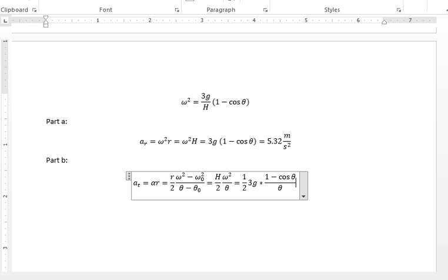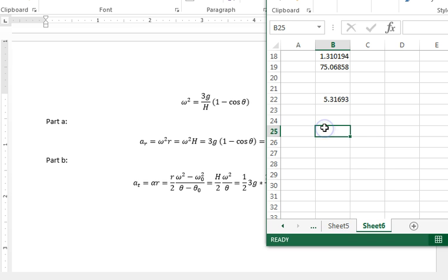So 3g times 1 minus cosine theta, the 1 over h and the h cancel out. And so now we stick in theta. What is 35 degrees in radians? 0.611 or 0.6085.